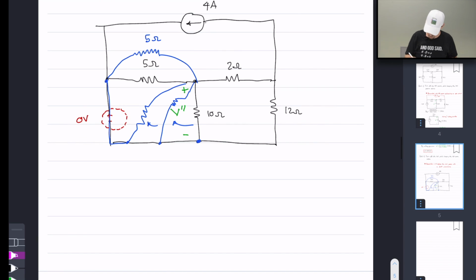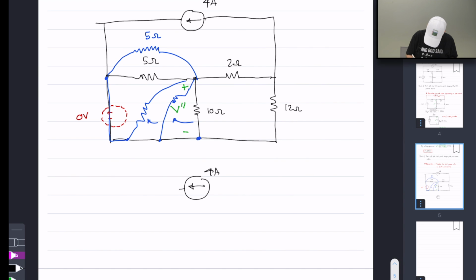So the equivalent circuit that we're going to be working with consists of our current source. We have our 4 amp current source. We have one resistor up here that's been bent upwards. This is the 5 ohm resistor.